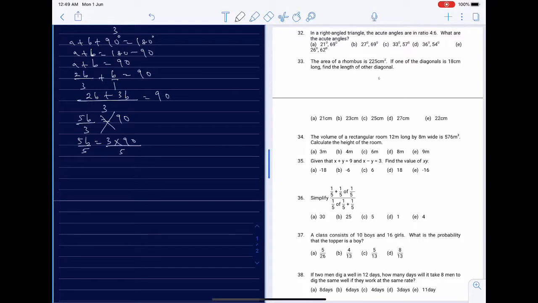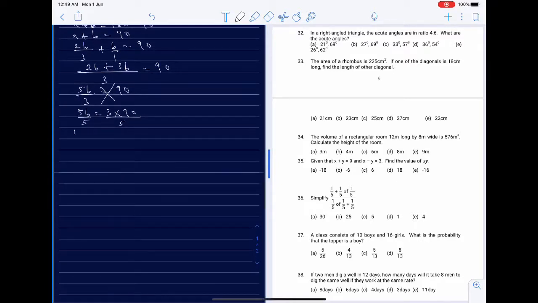Now we divide both sides by 5, which means B equals 3 times 5 in 90. 5 in 90 is 18. 18 times 3 is 54. So B equals 54 degrees.